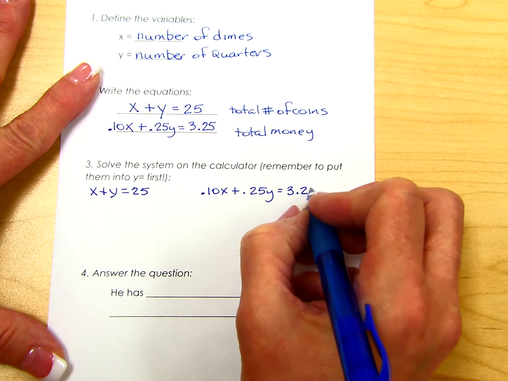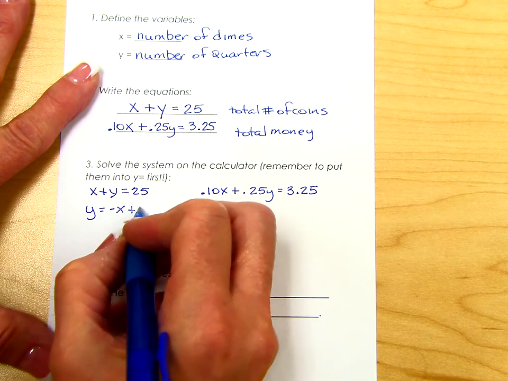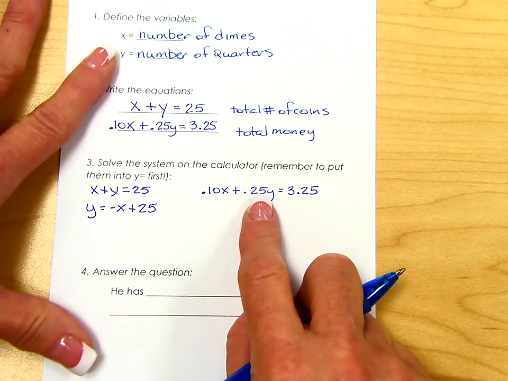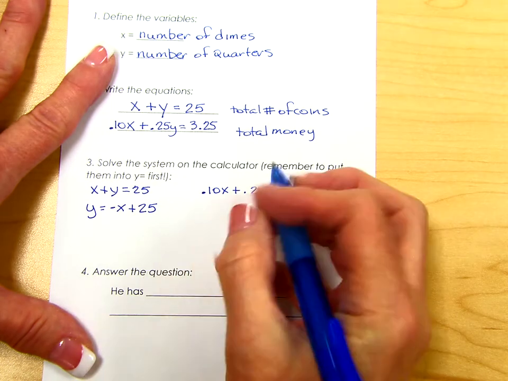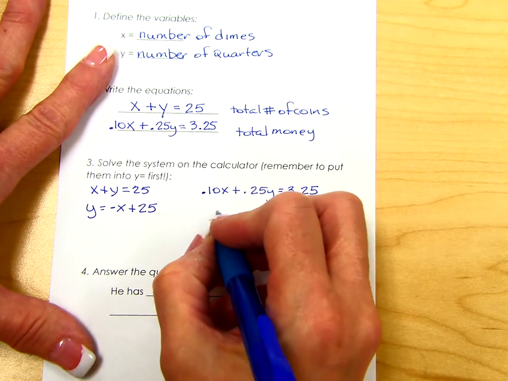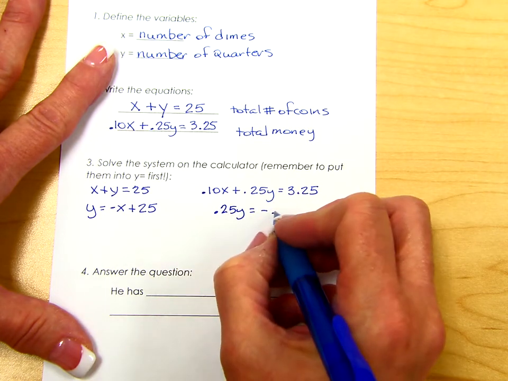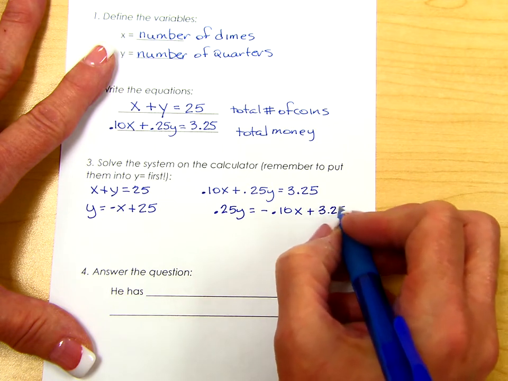Solve for y, change it. So basically subtract x from both sides. For this one we have a little bit more to do because we do have a coefficient of y that's not 1. So we're going to move this x term over to the other side. So we have 0.25y equals negative 0.10x plus 3.25.